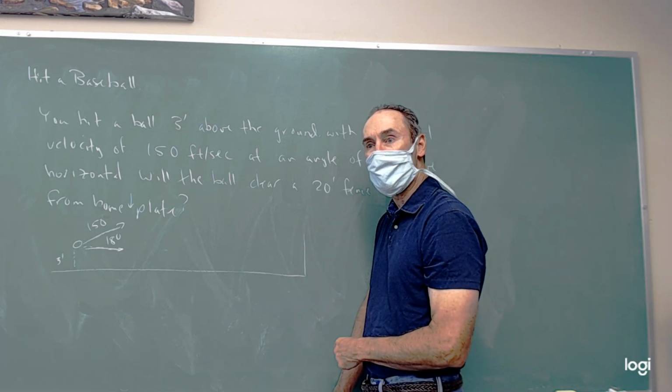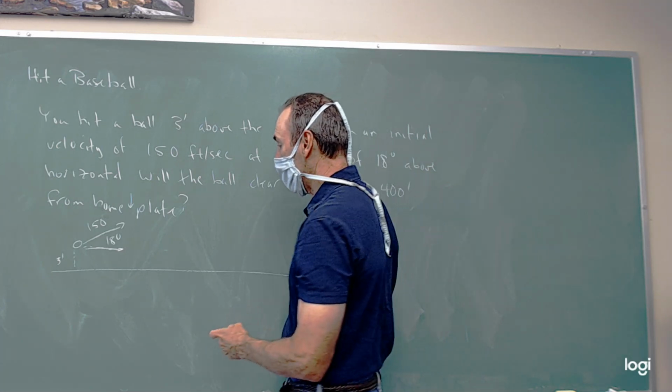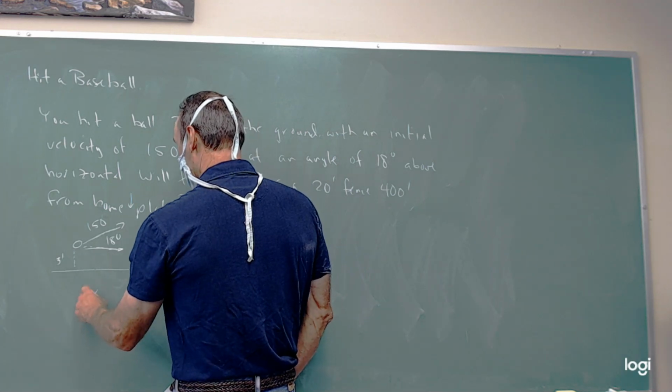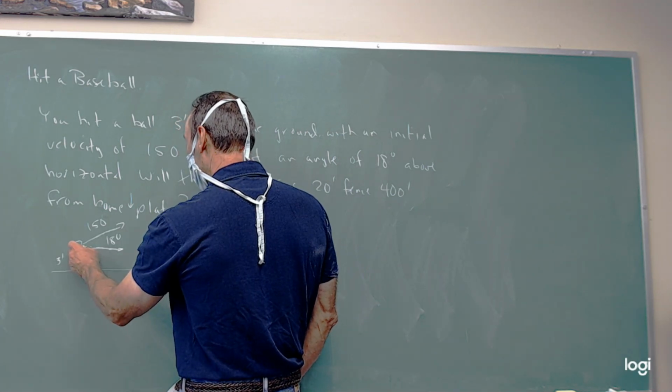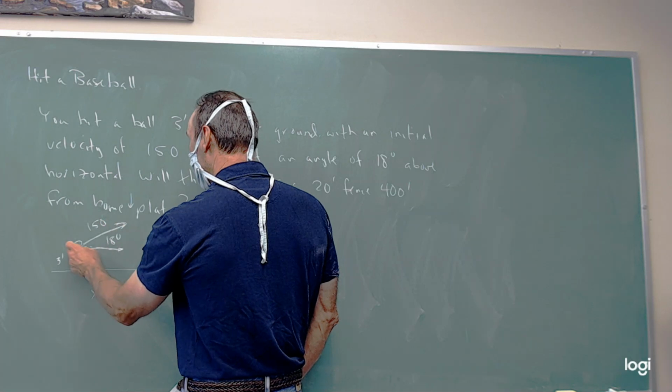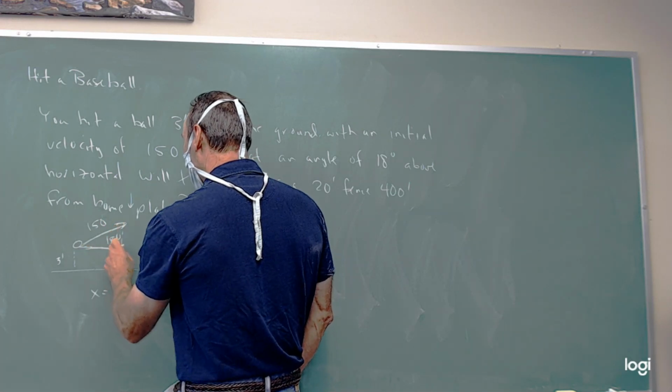That make sense? So in our scheme of things, the x is going to be the component of this velocity in the horizontal direction.